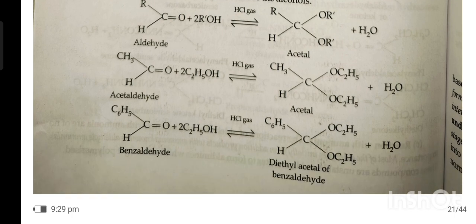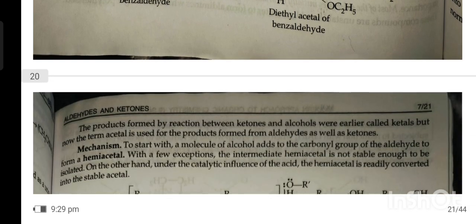Example: acetaldehyde plus alcohol in the presence of HCl gas gives acetal plus water. The product formed by the reaction between ketone and alcohol was earlier called ketal, but now the term acetal is used for the product formed from aldehyde as well as ketone.